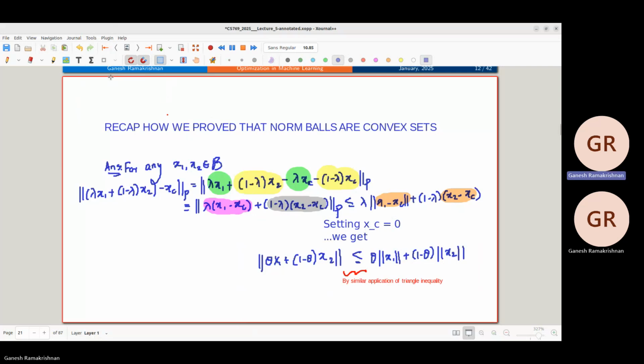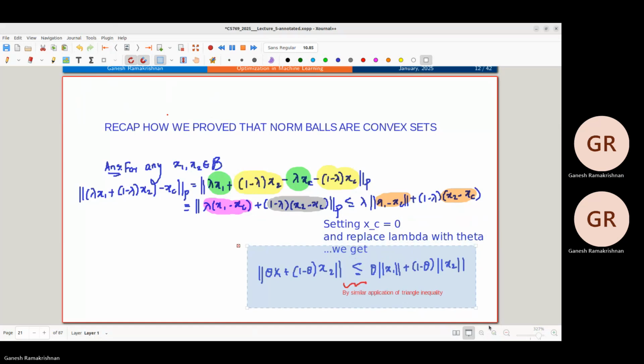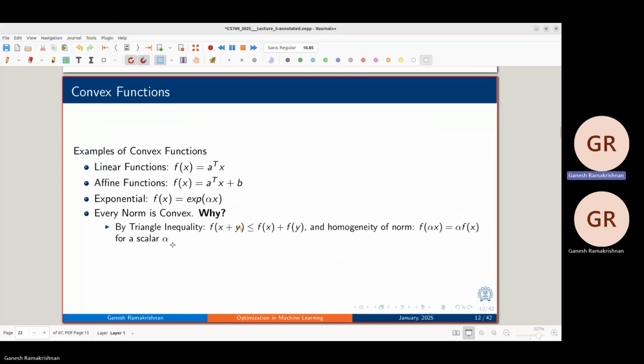So if you want to set xc to 0 and... okay.